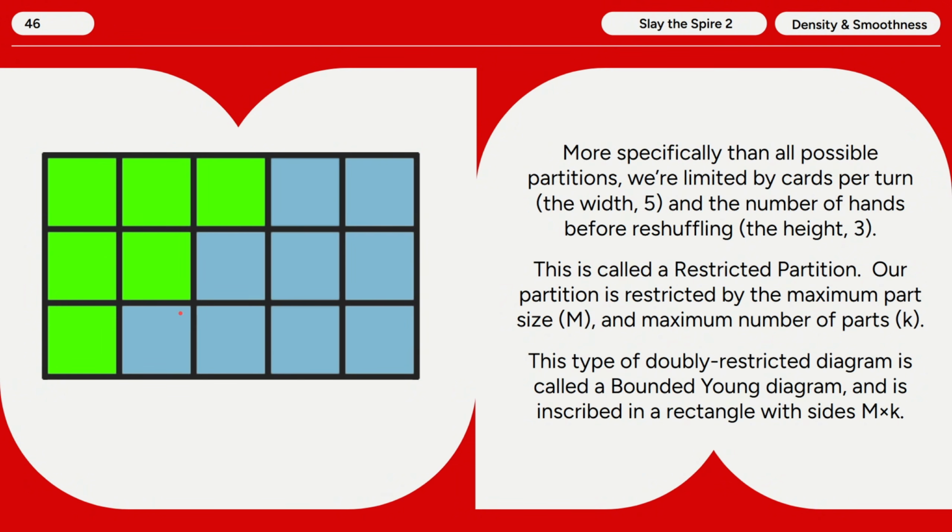Our diagram here of good cards is inscribed in the rectangle of M by K. So M being 5 good cards and K parts, 3 hands. So any partition that we wanted to make of our good cards would have to be a Young diagram that fit within this bounded area.